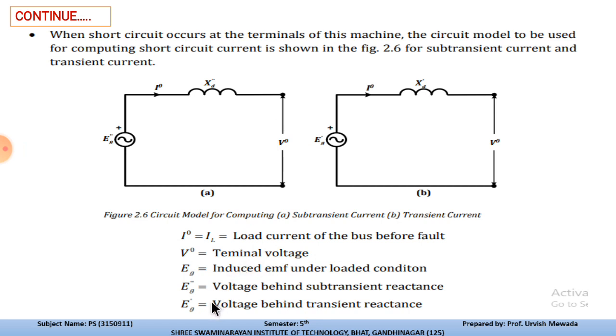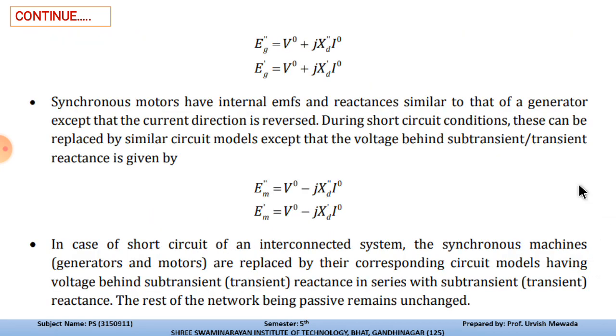EG double dash is the voltage behind the subtransient reactance, and EG dash is the voltage behind the transient reactance. Now we can write the equation for the subtransient condition: EG double dash is equal to V0 plus j XD double dash I0, because at that time the reactance offered by the synchronous machine is XD double dash, and EG dash is equal to V0 plus j XD dash I0.